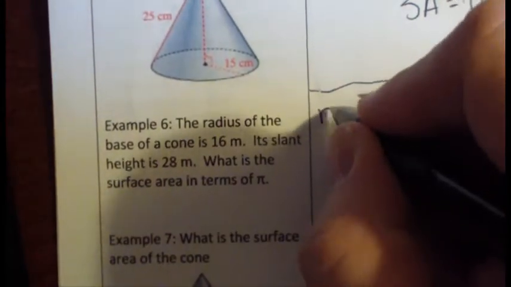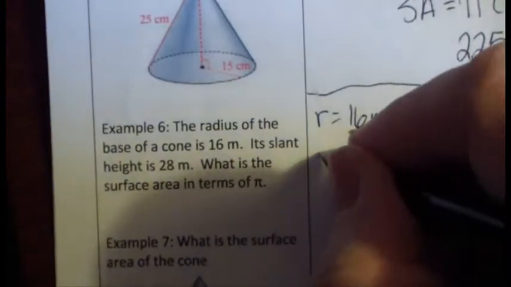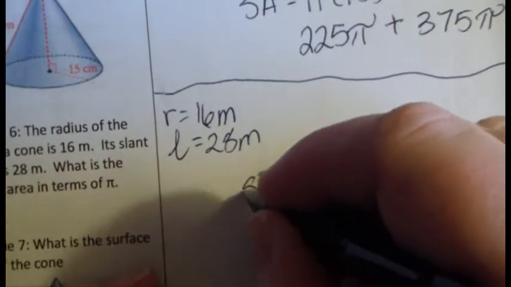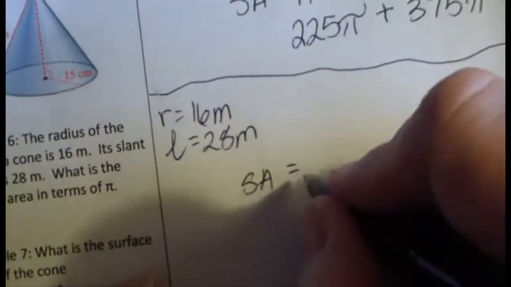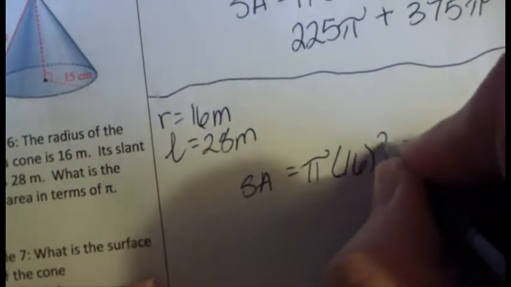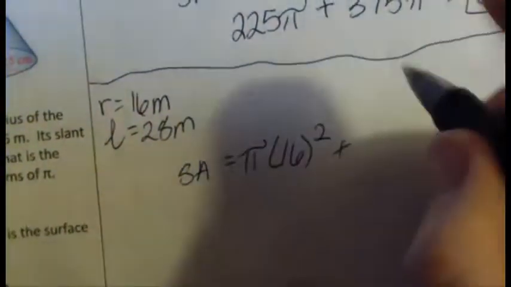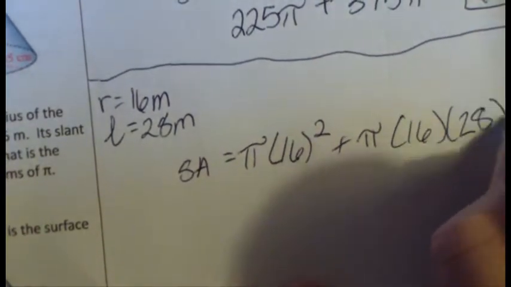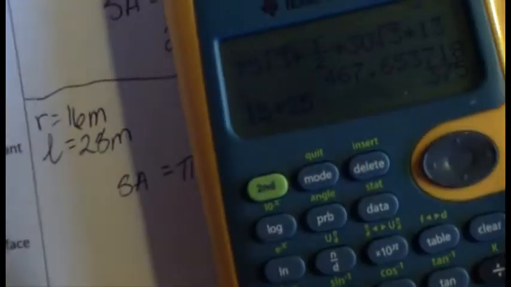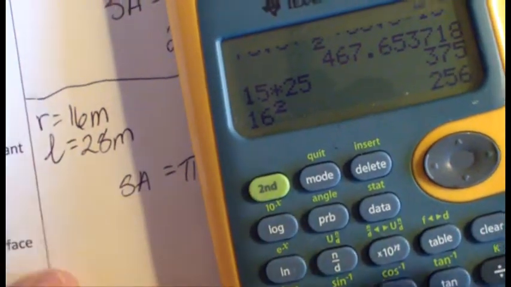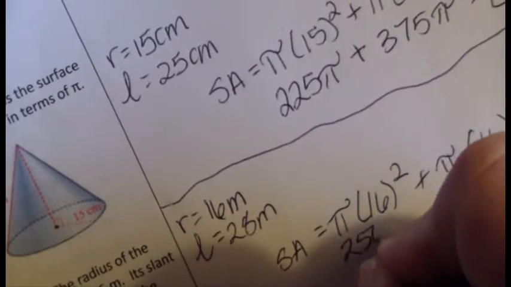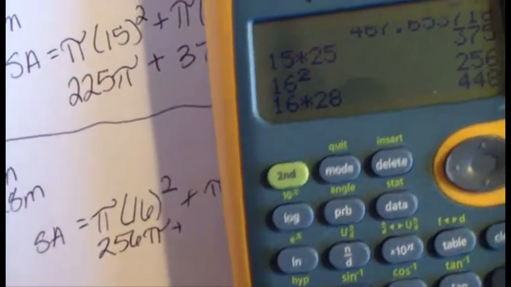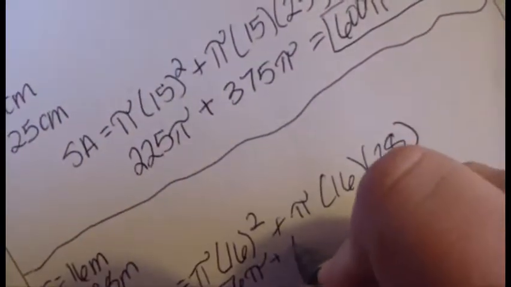Our formula for surface area is pi r squared, so pi 16 squared, plus pi rl, so pi 16 times 28. 16 squared is 256, so 256 pi. 16 times 28 is 448, so 448 pi.